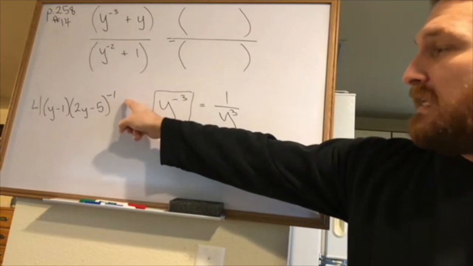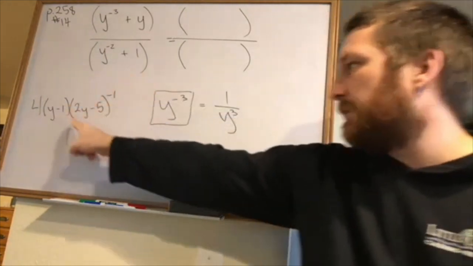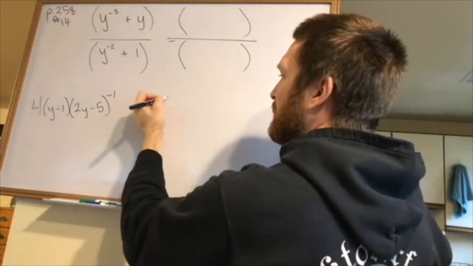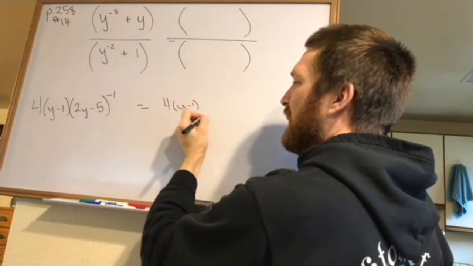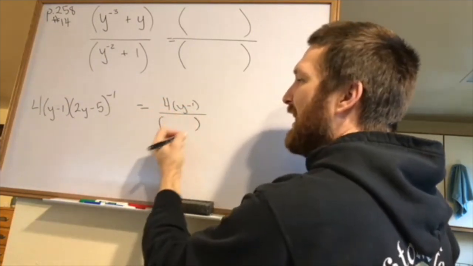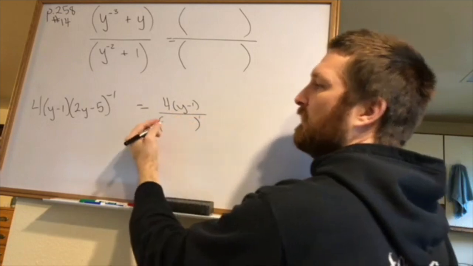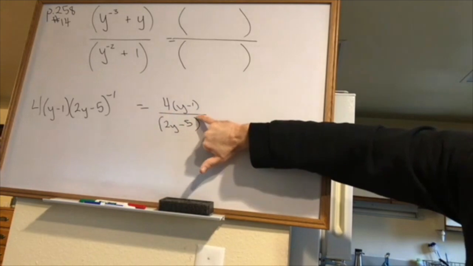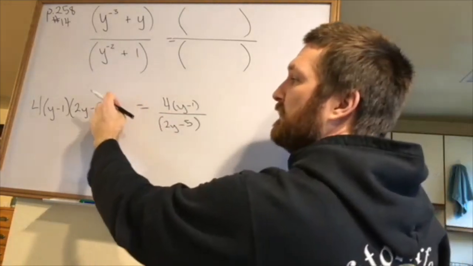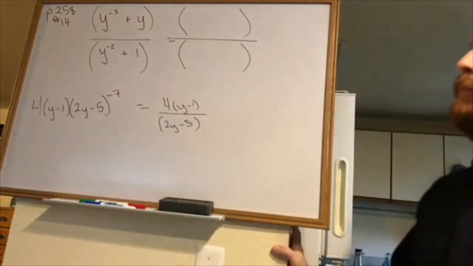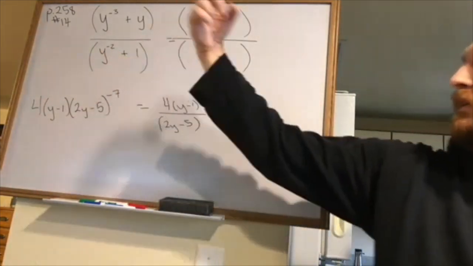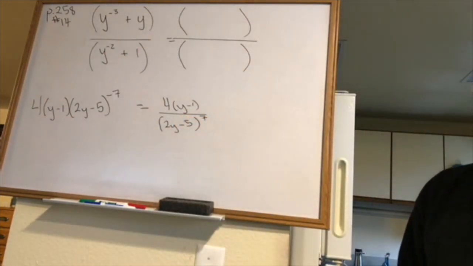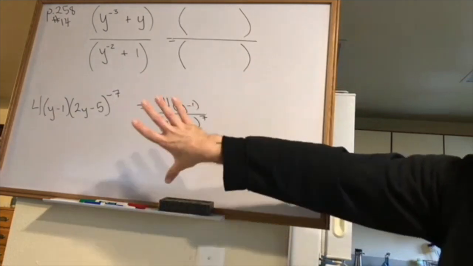That negative 1 means put me in the denominator, right? So we said that's the same thing as 4y minus 1, and then put me in the denominator, and make my power the opposite of what it is. If it were the negative 7th power, that would mean put me in the denominator and make my power positive. So that's all that means.